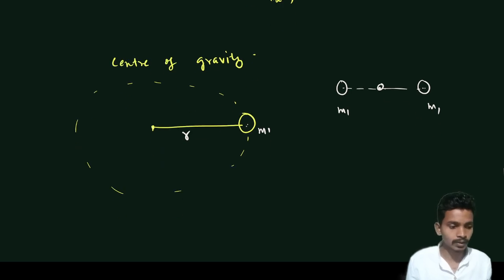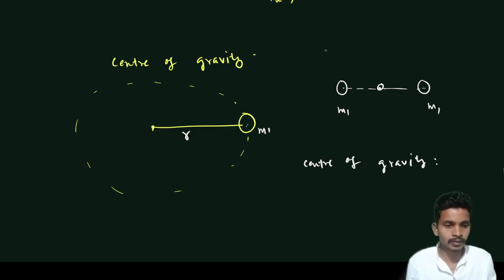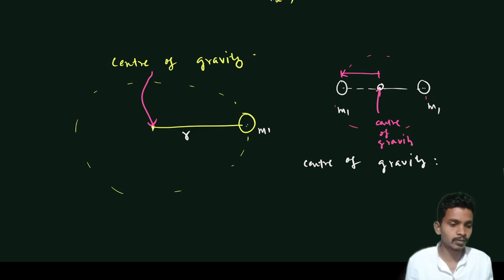So what does the center of gravity say? Let's say this mass is m1, and this point is the center of gravity, meaning these molecules are rotating about this point.